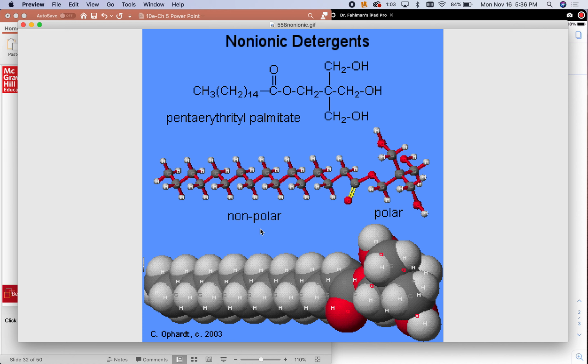So basically this wraps around the dirt in your clothing, let's say, in a detergent or in a washing machine. So this end wraps around your dirt particles that are on your clothing fabrics. And then this end sort of pulls that oil from your fabric into the water. So the polar end is attracted to the water part. So that's how surfactants work, or soaps, detergents.